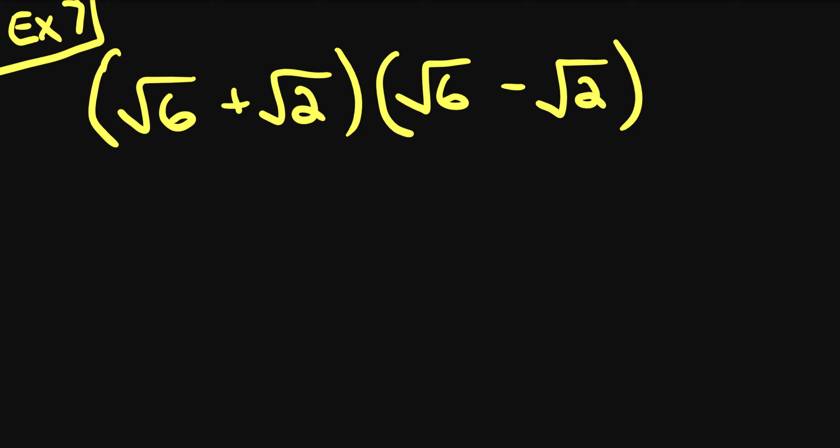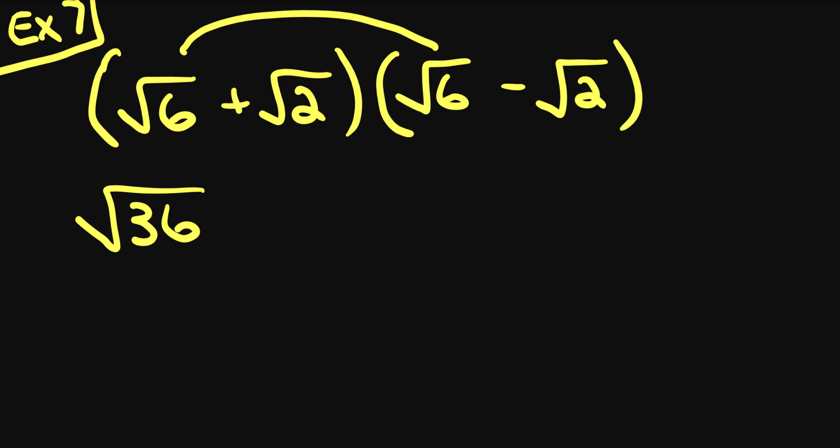So you can look at that and say, well, they're two binomials, so we can just FOIL it. So let's do that. Square root of 6 times the square root of 6 is the square root of 36. Outside is the square root of 6 times negative square root of 2. That'll give us negative square root of 12.